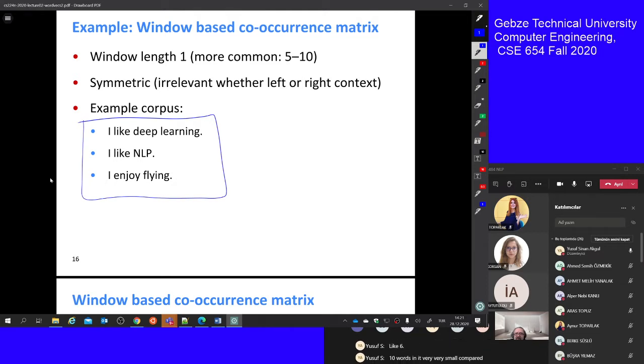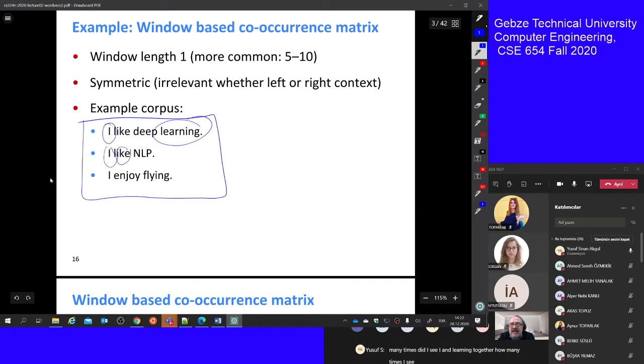Compared to 1 billion words, this is even simpler than a toy example. So let's try to calculate the co-occurrence matrix. How many times did I see I and learning together? How many times do I see I and like together?